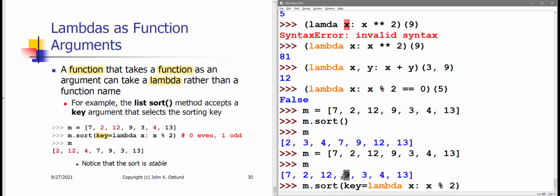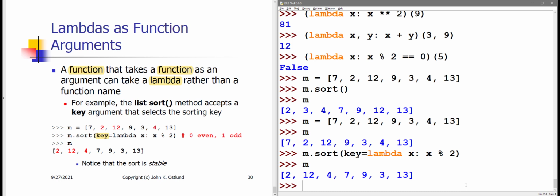9 mod 2 is 1. 3 mod 2 is 1, 4 mod 2 is 0, 13 mod 2 is 1. So when I actually sort the values in m, applying as my sorting key basically whether the value is even or odd, the result is going to be that all of the even numbers, where the mod is 0, will be sorted ahead of all of the odd numbers.